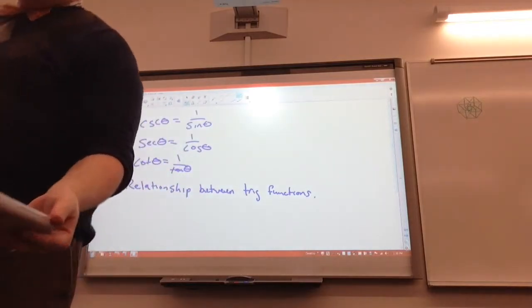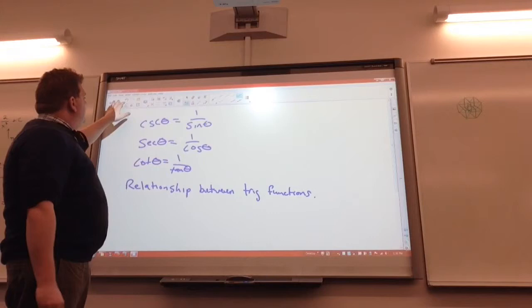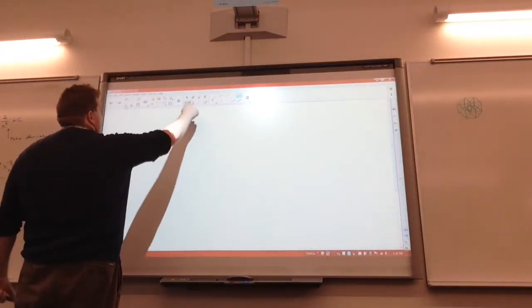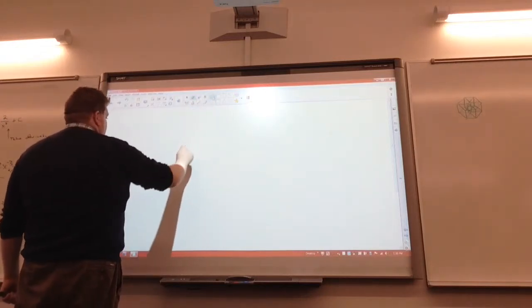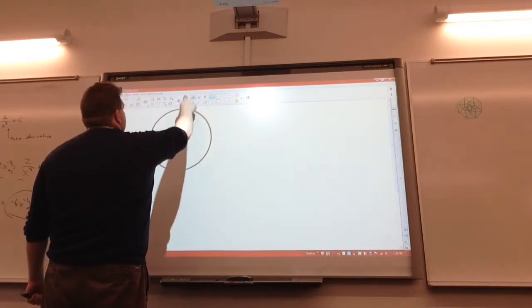Now that we've got all this in place, what we can do with it is generate something called the unit circle.